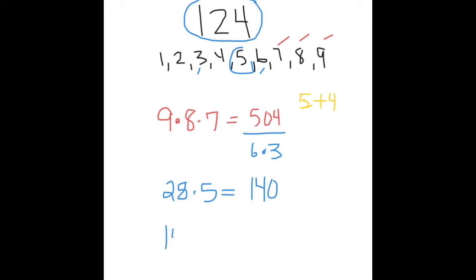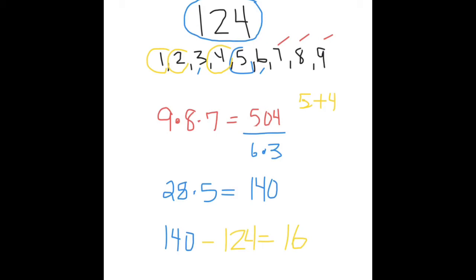So I'm at 140. I have used everything except the 4, the 2, and the 1. And I'm trying to get to 124. So if I subtract these two, what do I get? What's 140 minus 124? It's 16.